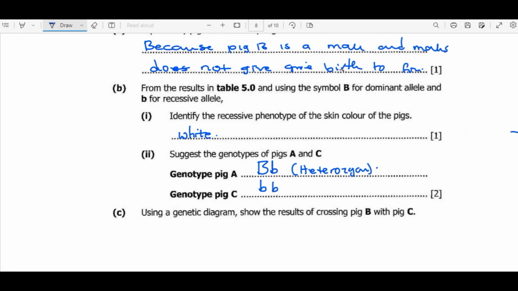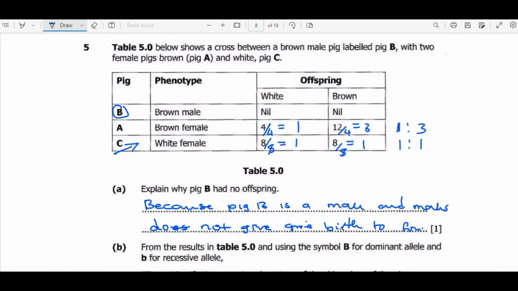And whenever we have 1 to 3 can only produce 1 to 3. Let's focus on 1 to 1. So we can have 1 to 1 whenever we have this type of genotype. So whenever you have heterozygous and homozygous for small letters, you may have this.